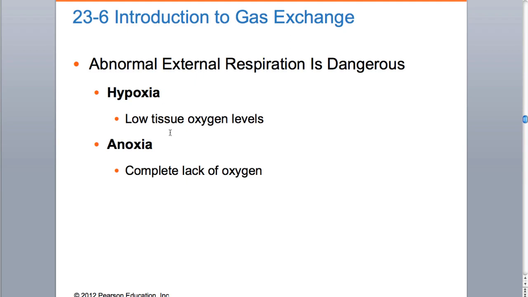So whenever you say hypoxia, it's when the tissues have a low level of oxygen. You can have a lot of oxygen on your red blood cells in your blood, but if it's not being dumped properly into the tissue, then you have a problem with hypoxia. So low levels of oxygen in the tissue is hypoxia. Next slide.